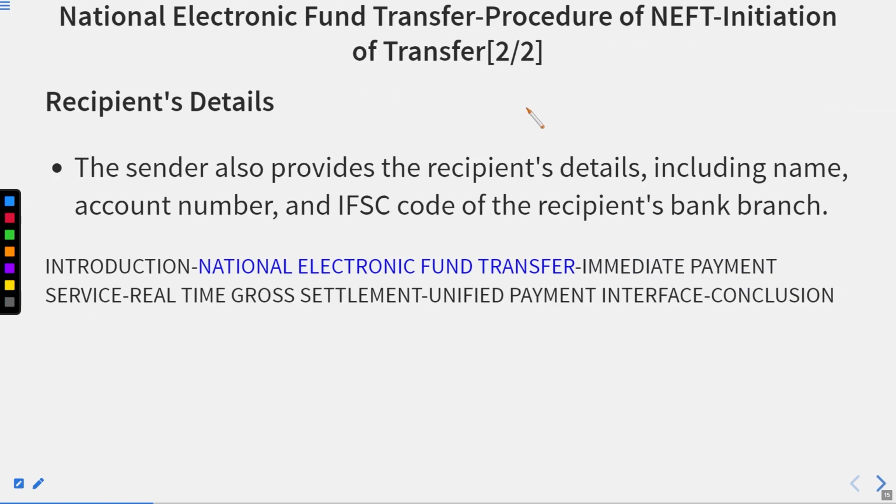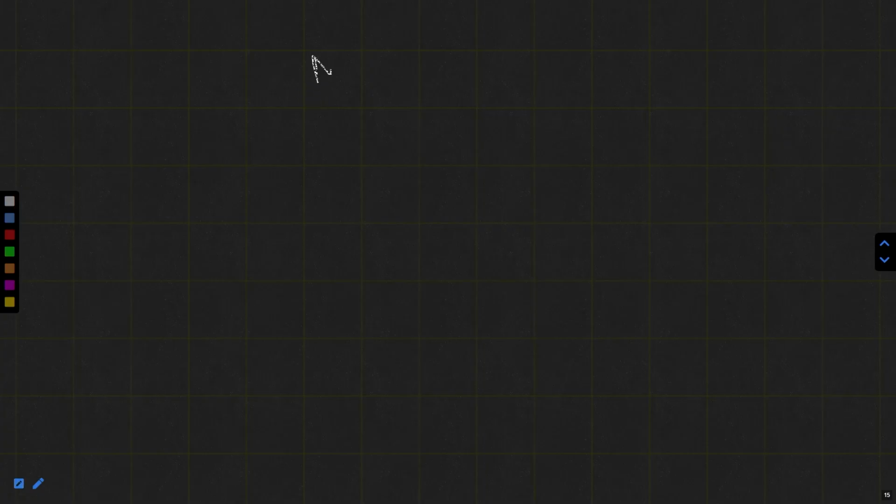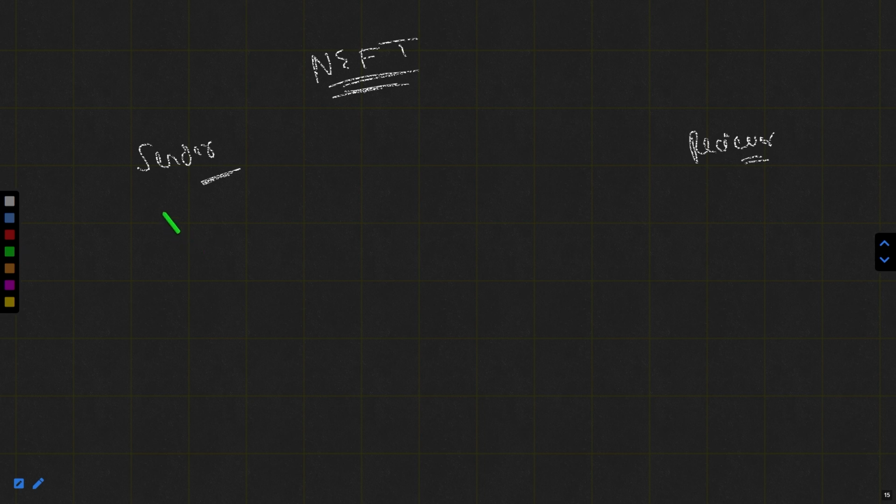Next is recipient details. The sender also provides the recipient details including name, account number, and the IFSC code of the recipient bank branch. Suppose we're talking about the NEFT process, like this one. Here is you, the sender, and here is me, the receiver. First you are required to fill in the details like name, bank, account type, and IFSC.